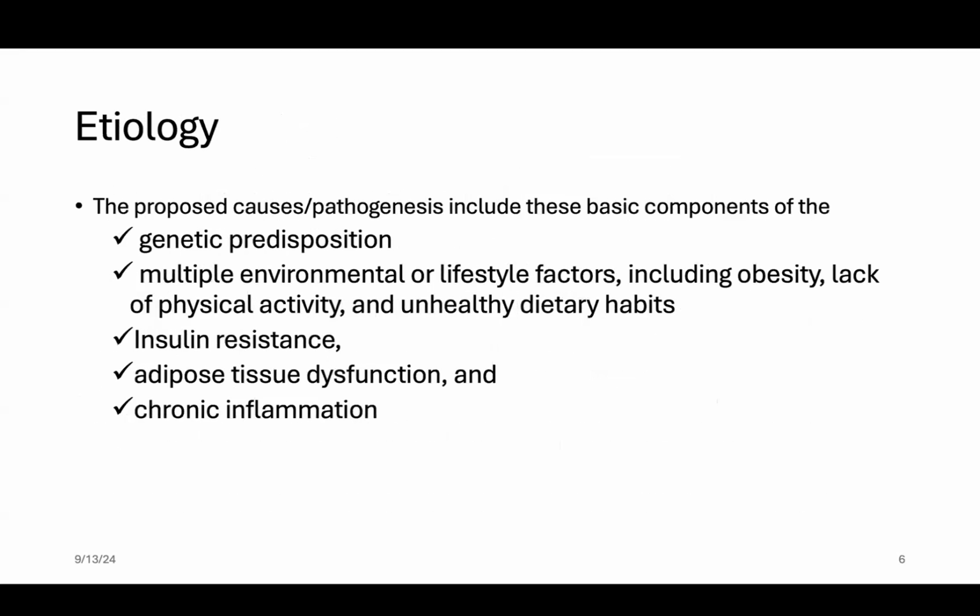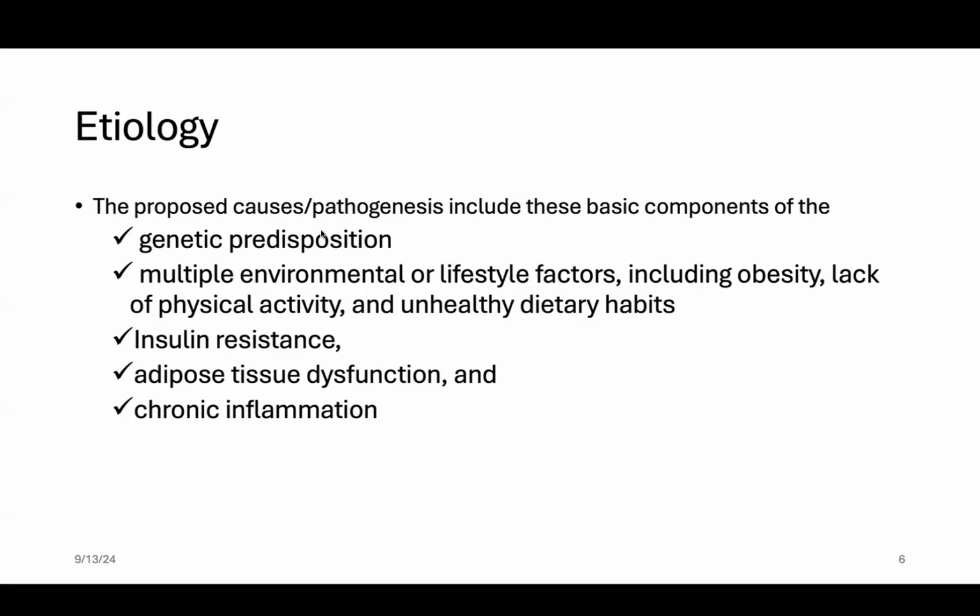Now, the etiology next. In fact, research is still going on to be able to glean out the etiology. But for now, what we know is that it's a complex interplay of genetic components, environmental or lifestyle factors, including obesity, lack of physical activity, and unhealthy dietary habits.